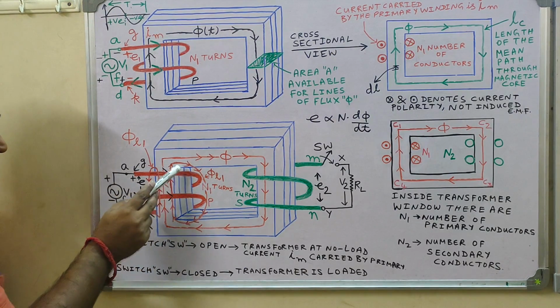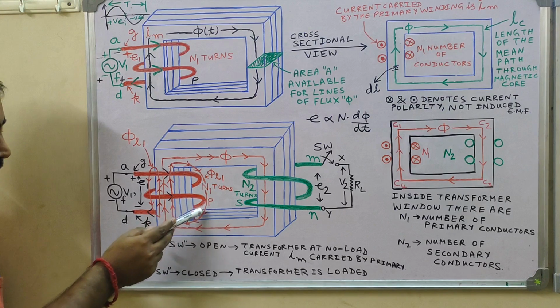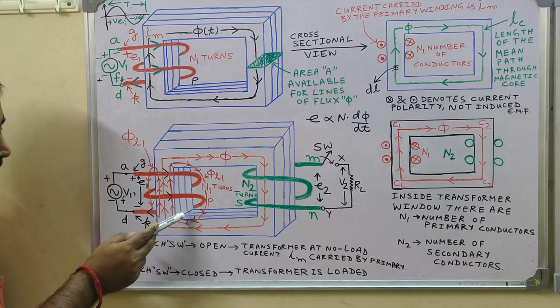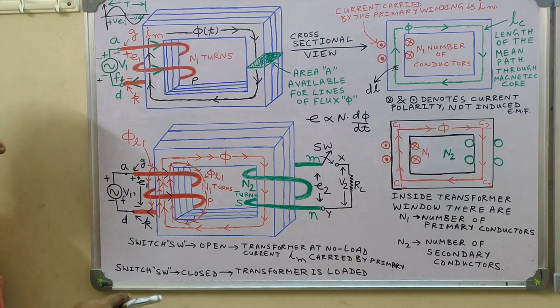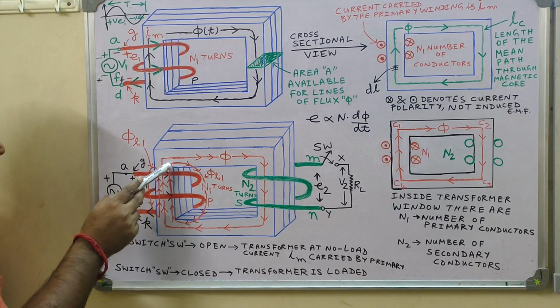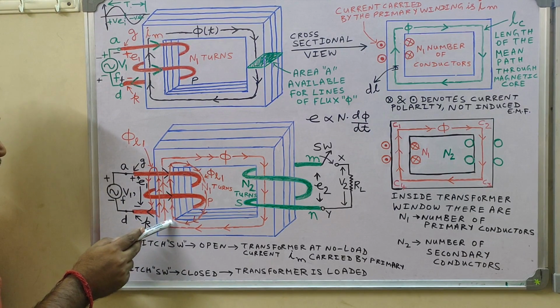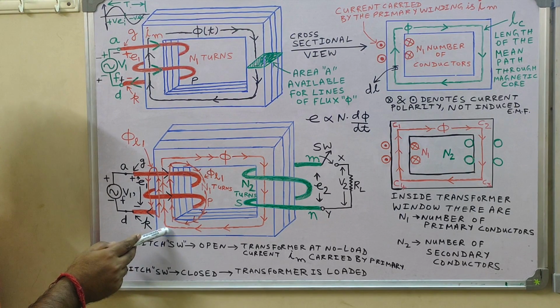Rather you can say that the air has a much larger influence, because if you compare the reluctance offered by this much portion of the transformer core, it is almost negligible, because this transformer core is made of ferromagnetic material, which has a high value of relative permeability, that is mu r.